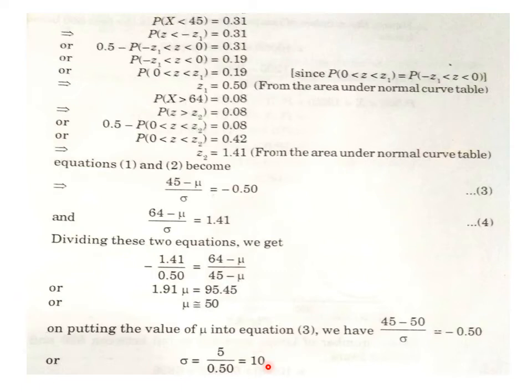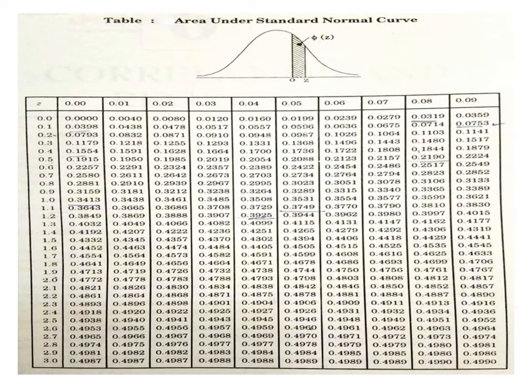But in the next slide, as I told you, remember the explanation of these two things in the table: if the probability is 0.19, then why z1 is 0.50, and if the probability is 0.42, why the value of z2 is 1.41. Now we discuss the remaining queries of question number 3.